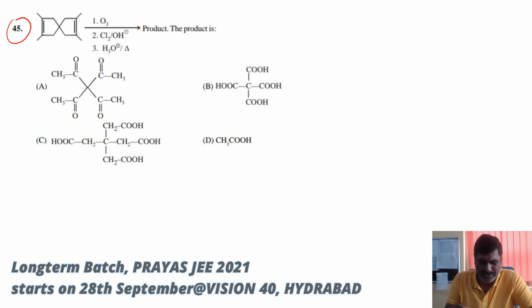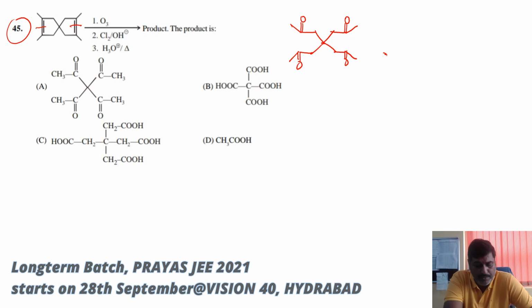First ozonolysis takes place. Ozonolysis means there is cleavage. What do you get here? You get here C double bond O, and the similar thing there also, double bond O, this side also, double bond O. This one is the initial product.